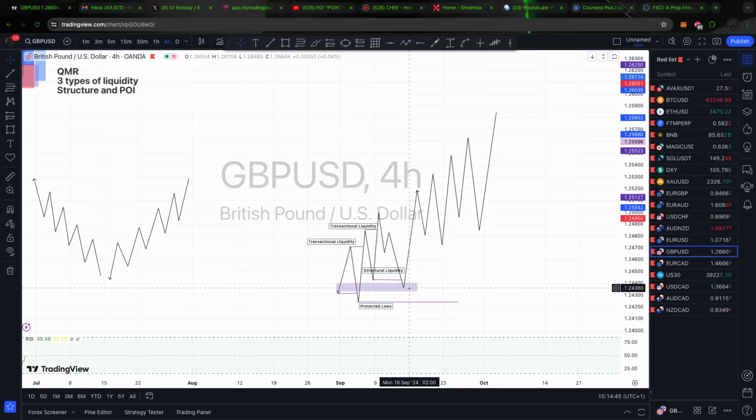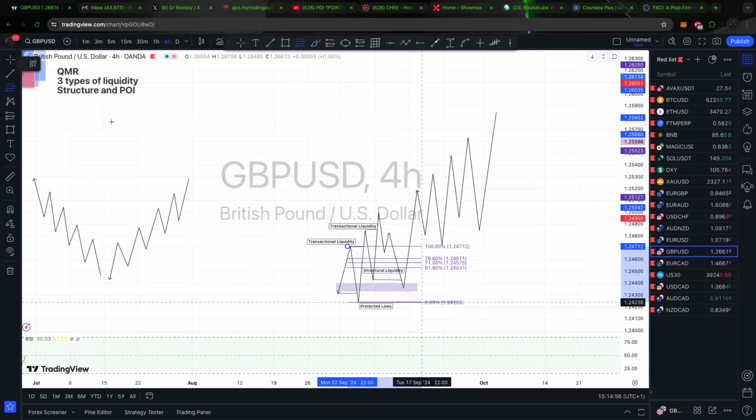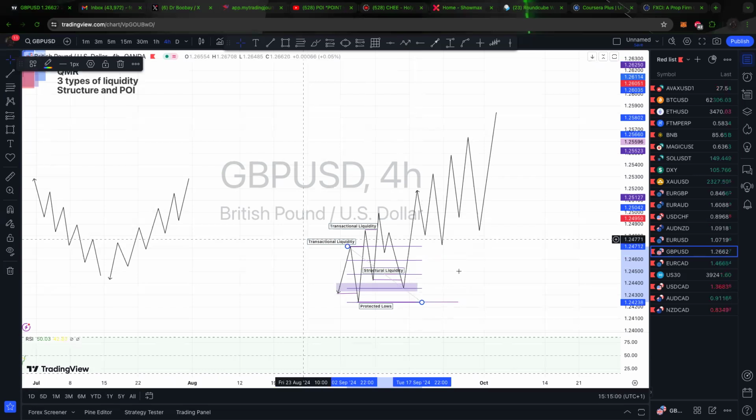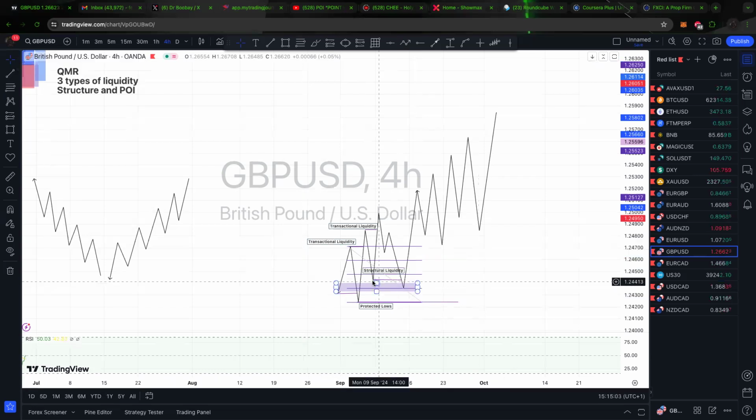And then what makes these things valid? If you put your Fibonacci from here to the sweep low, there is a 50% Fibonacci that I always use. Your structural liquidity should be below the 50% zone.